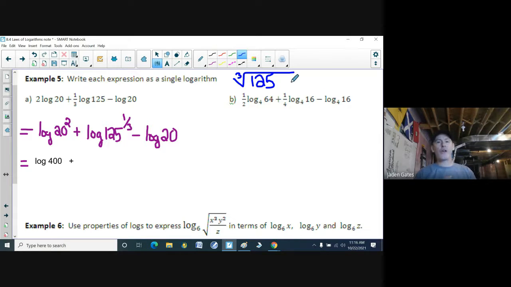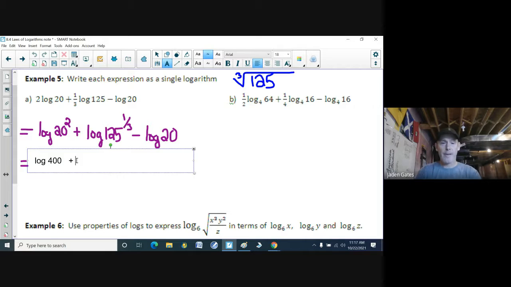It means you're taking the third root of 125, which means you're looking for the number that multiplied by itself 3 times will give you 125. So not the square root, but the third root. That number is 5, because 5 times 5 is 25, then times another 5 is 125. There we go, log of 5.